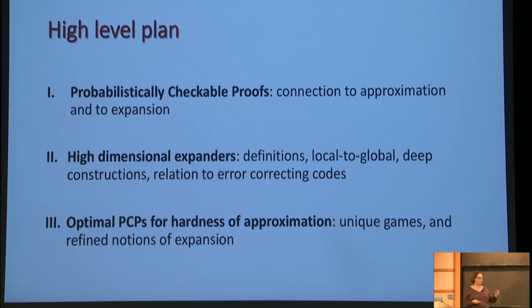And now you can ask, how does this number affect the complexity? And it turns out that if you assume the Unique Games Conjecture, we know exactly what the number should be. And there's a very beautiful and clean picture of approximation if the Unique Games Conjecture is true. And so we will discuss this and talk about some recent things that we know, and this will be the topic of the third lecture.